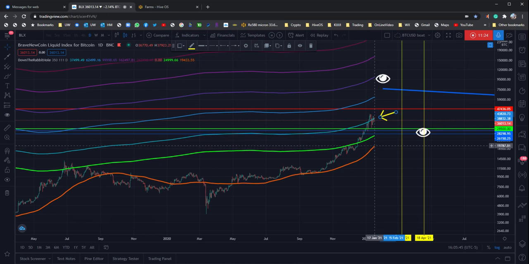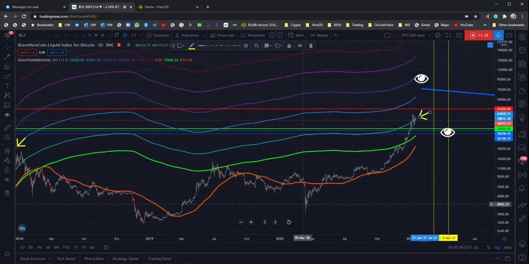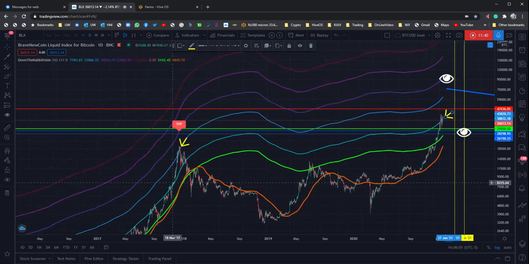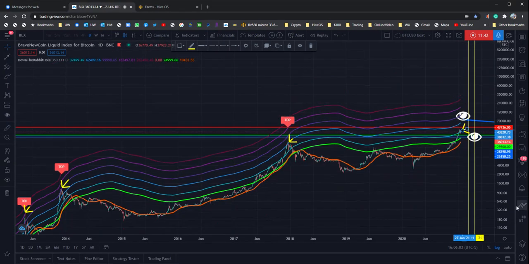So that's telling me that we may be riding this one out for a bit until we see that cross. And then when we see that cross, we will be within 3 days of the top if this indicator is correct. And by law of averages, have we been correct?